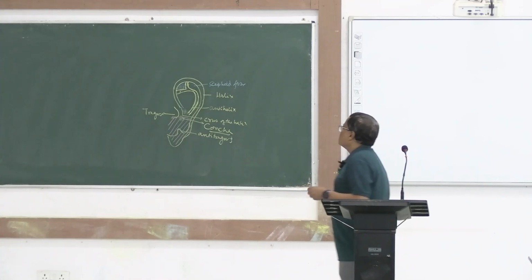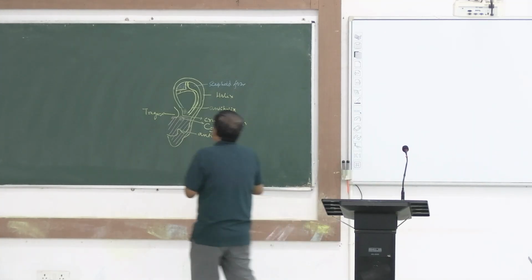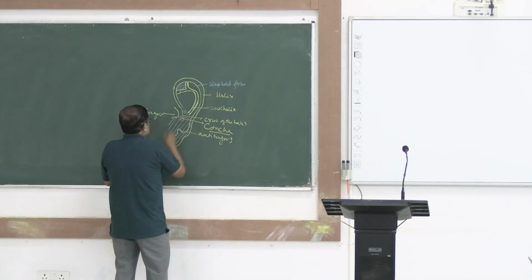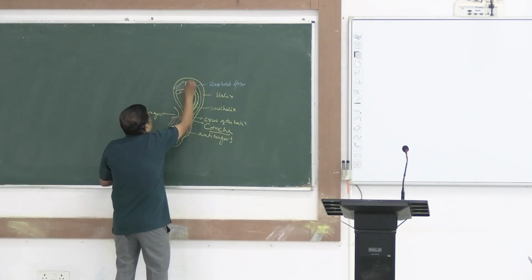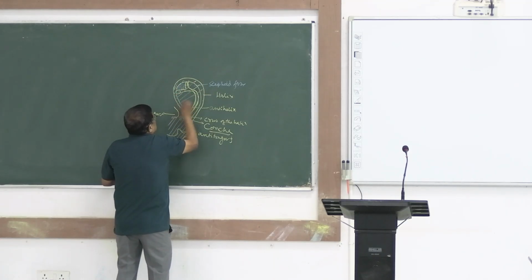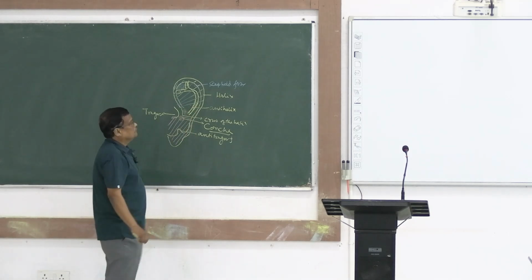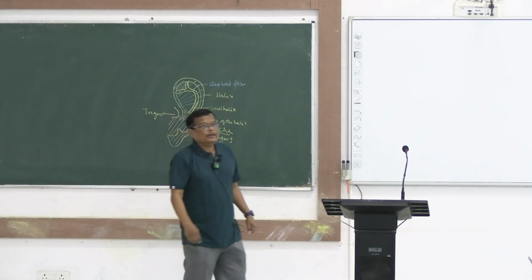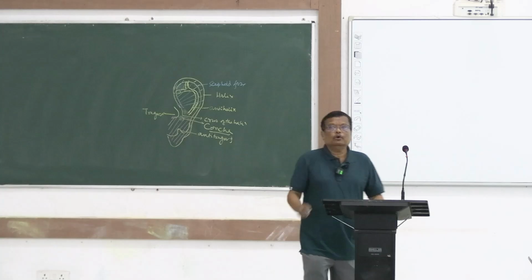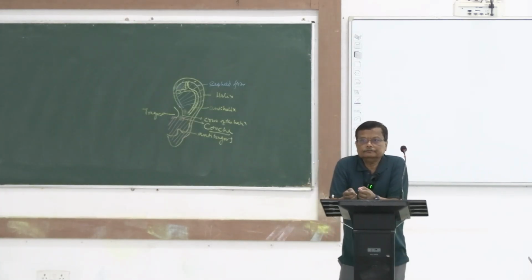The upper two-thirds of the lateral surface, except the concha, is supplied by the auriculotemporal nerve. The upper one-third of the cranial surface is supplied by the lesser occipital nerve.